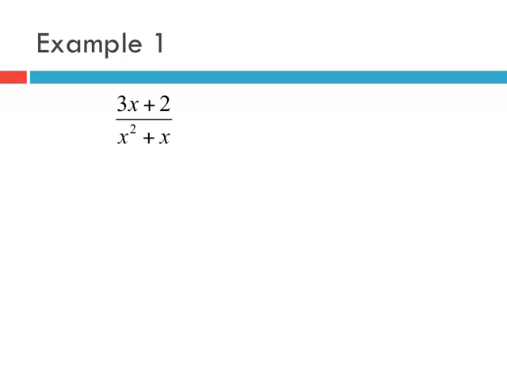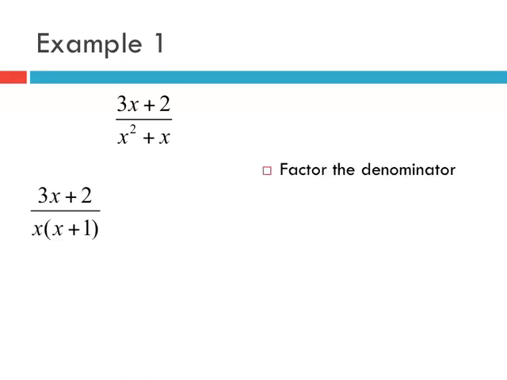So let's start with this: 3x plus 2 all over x squared plus x. In this, we want to start by factoring the denominator. So the x squared plus x factors to x times x plus 1.